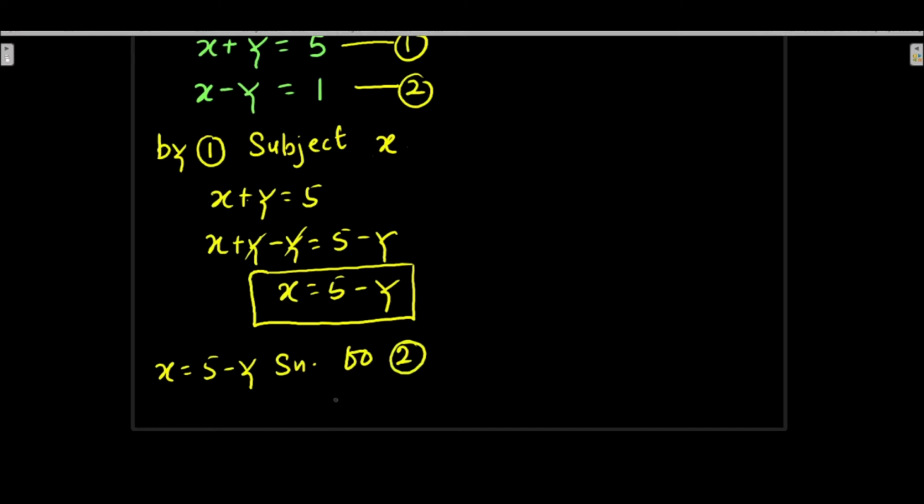So how do you do that? X minus y equal 1. Now you know x equal 5 minus y, so 5 minus y minus y equal 1.